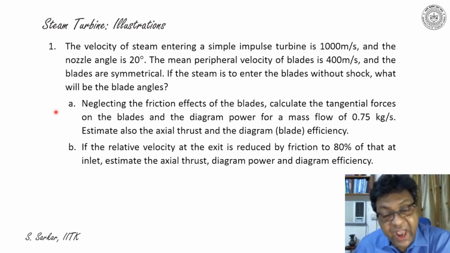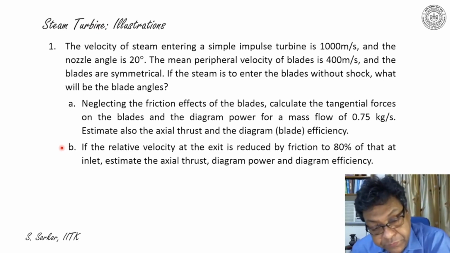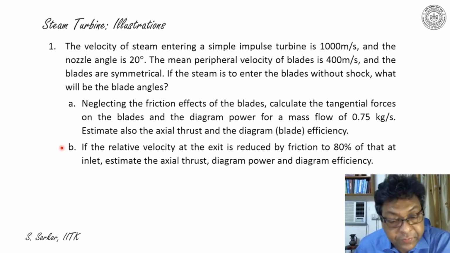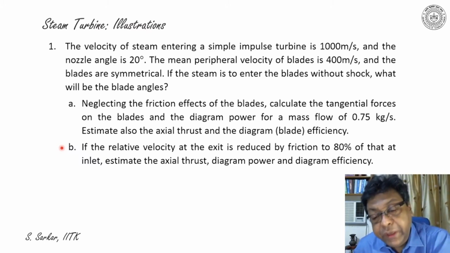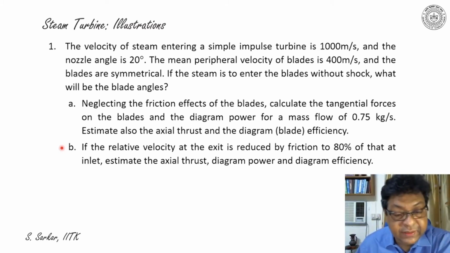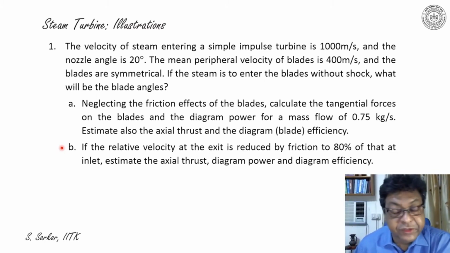Estimate also the axial thrust and the diagram or the blade efficiency. Part 2: if the relative velocity at exit is reduced by friction to 80% of that at inlet, estimate axial thrust, diagram power and diagram efficiency.